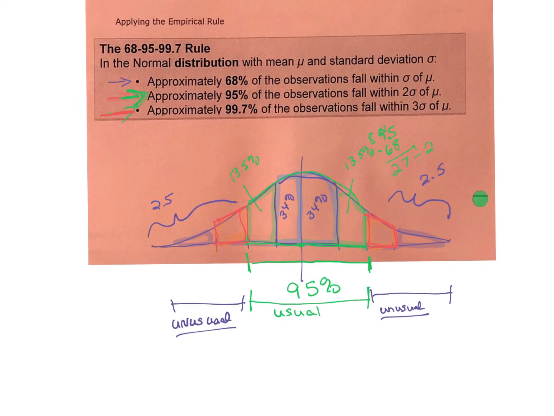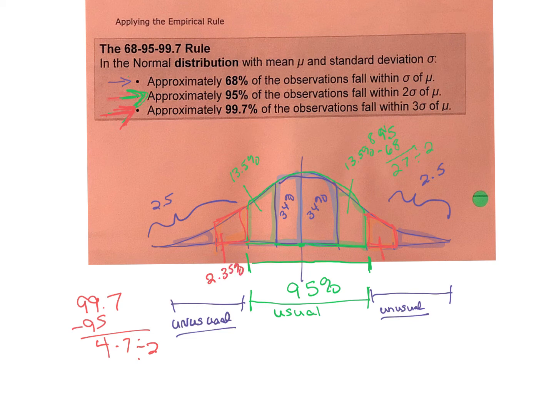For the third part of the empirical rule, it says 99.7% lies within 3 standard deviations from the mean in each direction. So if we do 99.7 minus 95, we find that we get 4.7. And if we divide that by 2, we get that this little part is 2.35%.